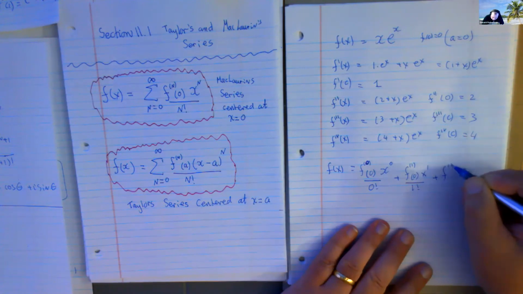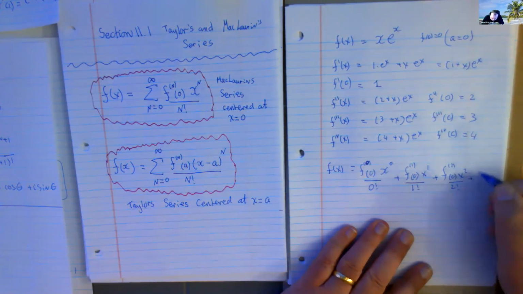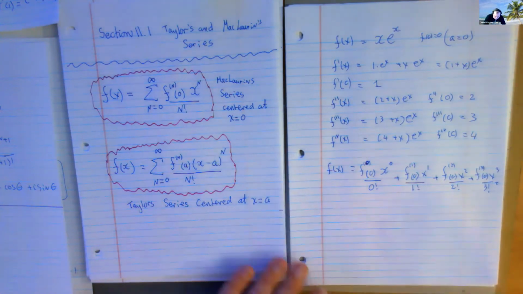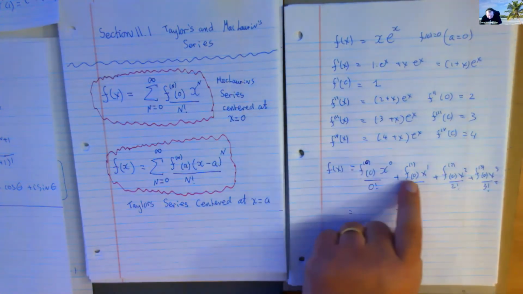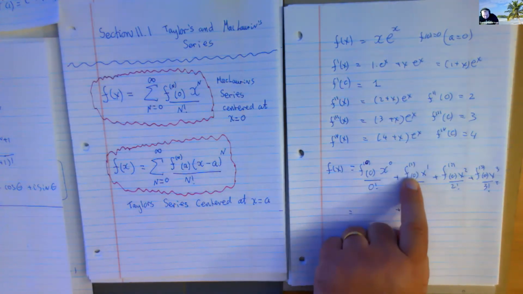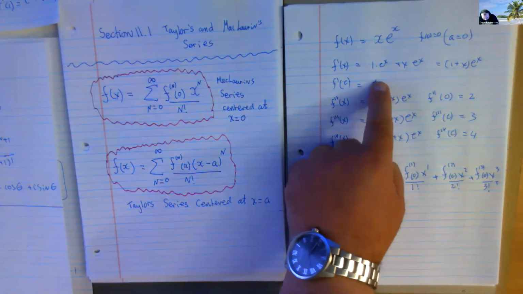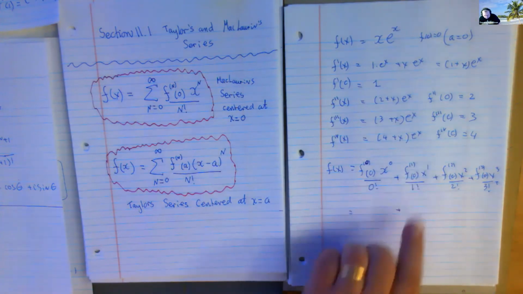Then you get a second guy that looks like this. And since I'm running short of room, I'm only going to do the third guy. It looks like this, but there'll be a fourth and a fifth. Okay. Pause on that one for a minute. He's weird. The first derivative at 0 is 1. X to the 1 over 1 factorial.